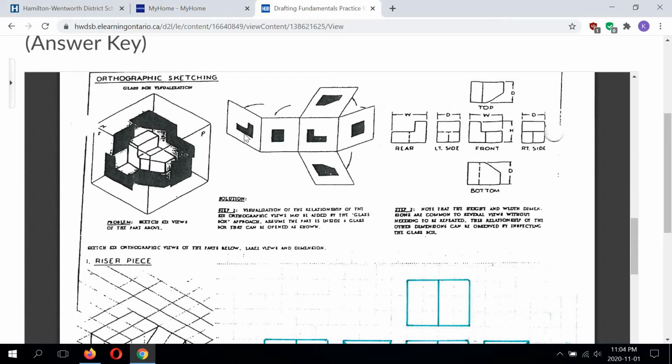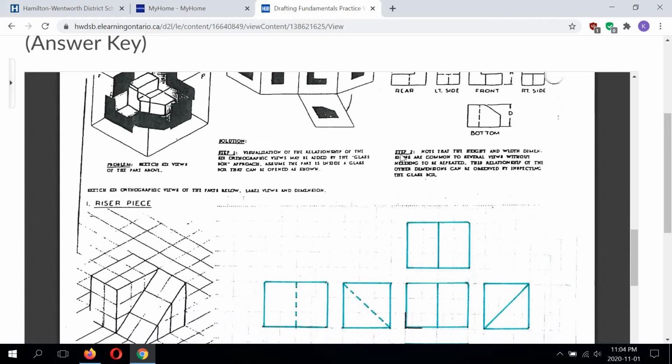The glass box is cut and unhinged in such a way that opens up a two-dimensional viewing for all 6 sides, right? As seen in this order. So we have our typical top, front, and right side view here as always, and we're introducing the bottom, the left side, and the rear with this exercise.